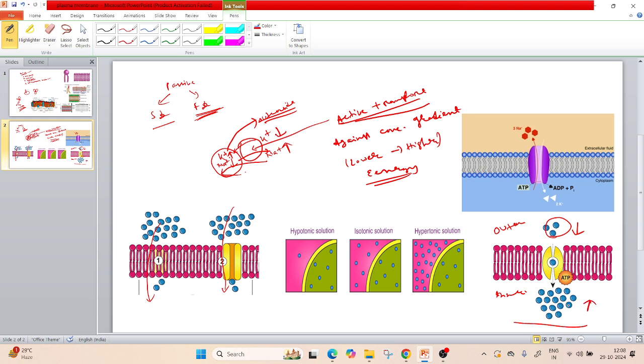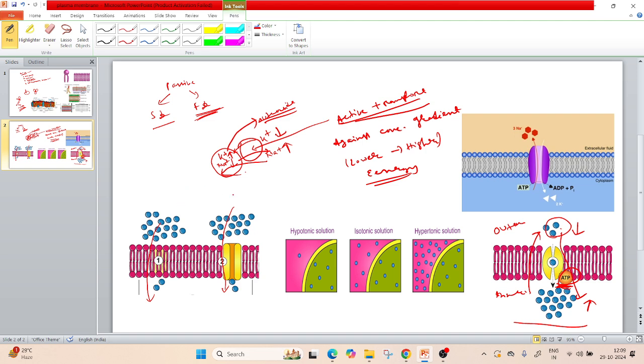So in passive transport, it can easily pass from the inner to the outer, but it cannot pass from the outer to the inner. But if it wants to transport from the outer to the inner, or from the lower concentration to the higher concentration, it needs some energy. Here the energy is the ATP.